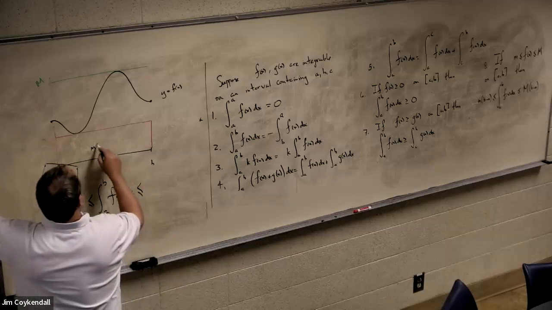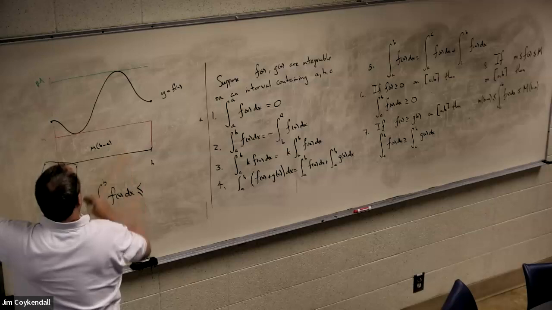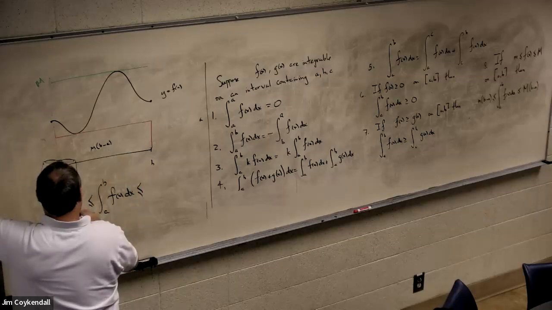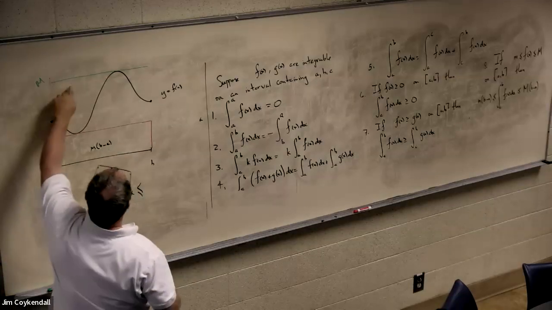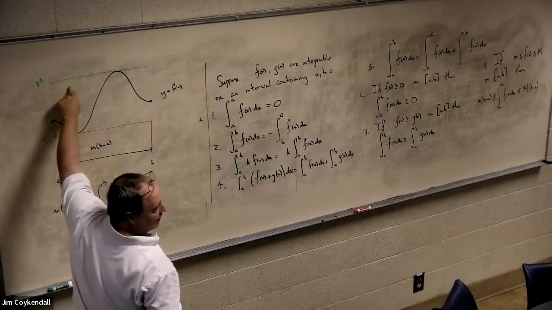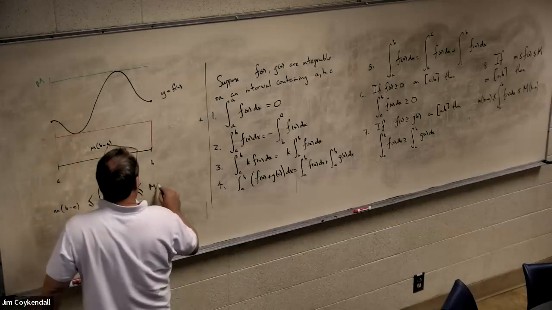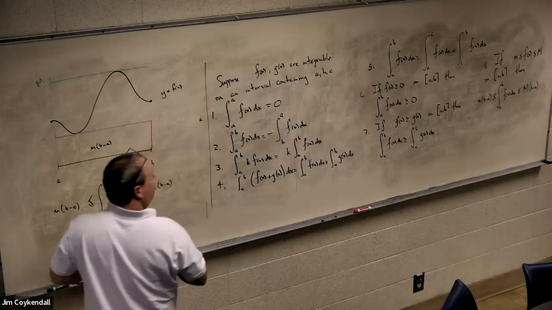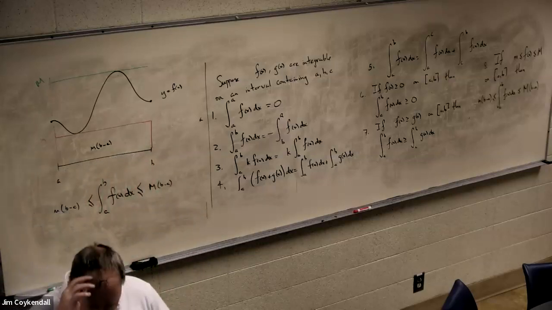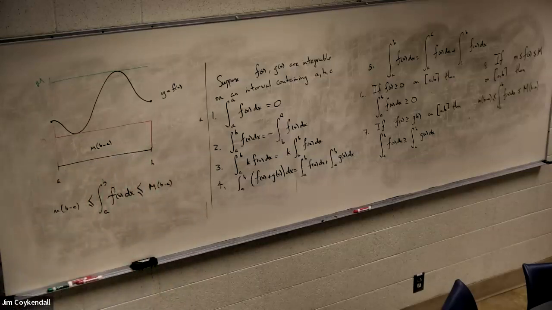And the area of this rectangle is base times height. And it's smaller than the rectangle that has the green top. Okay. Any questions?